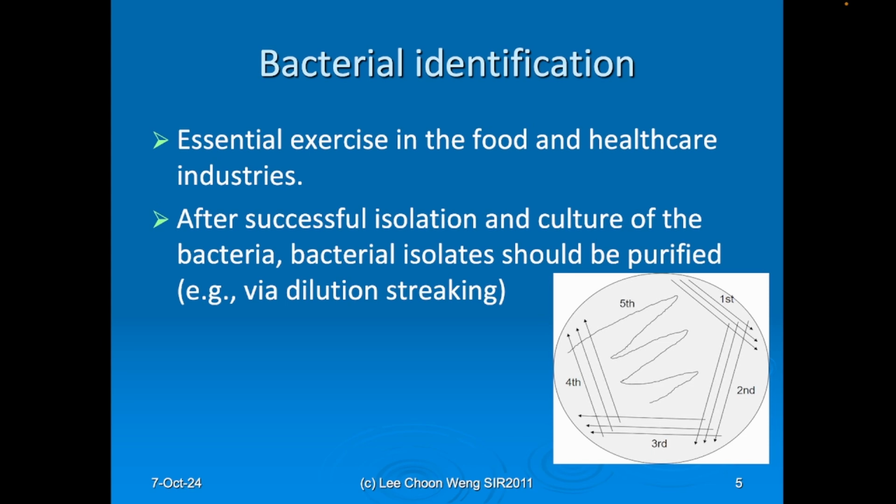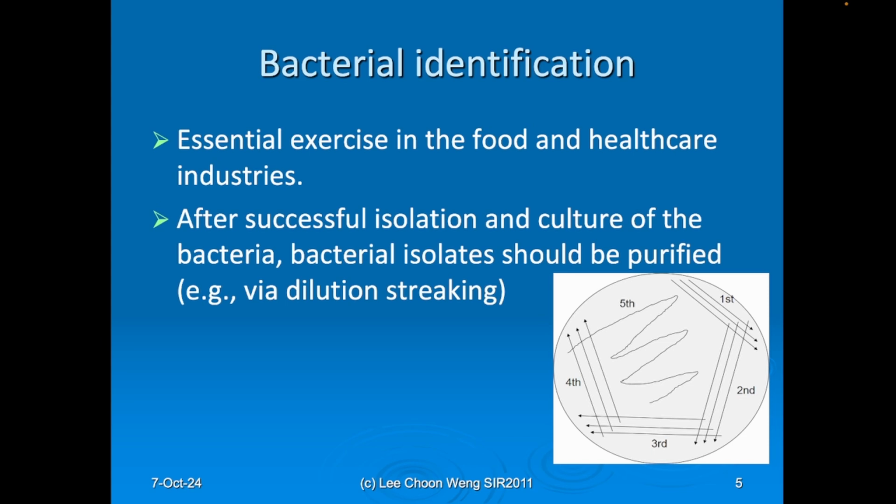Sometimes if you are working in a private lab, a client comes and says, I want to identify something new. Then you have to use your scientific knowledge and expertise to look for information on how best to isolate and identify the bacteria. But most of the time, you just follow the standard SOPs.